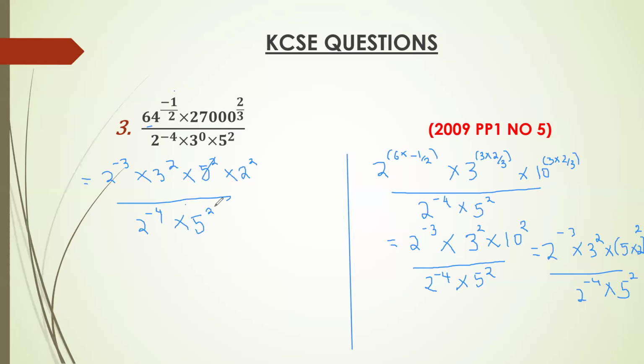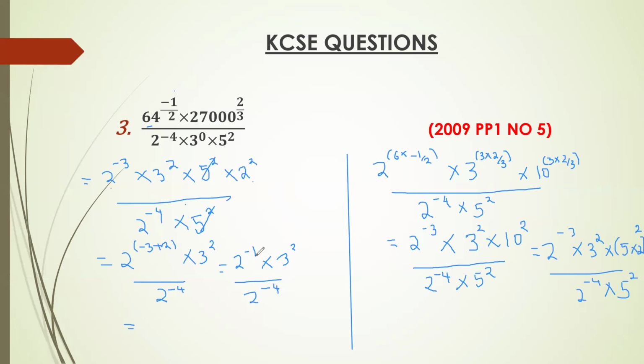Hii na hii yatoka. 2 power negative 3 times 2 power 2, utapata, add hizi mbili, negative 3 plus 2. Alafu tukakona times 3 power 2 over 2 power negative 4. Baada ushapata hiyo, usha add hizi mbili, utapata 2 power negative 1 times 3 power 2 all over 2 power negative 4.